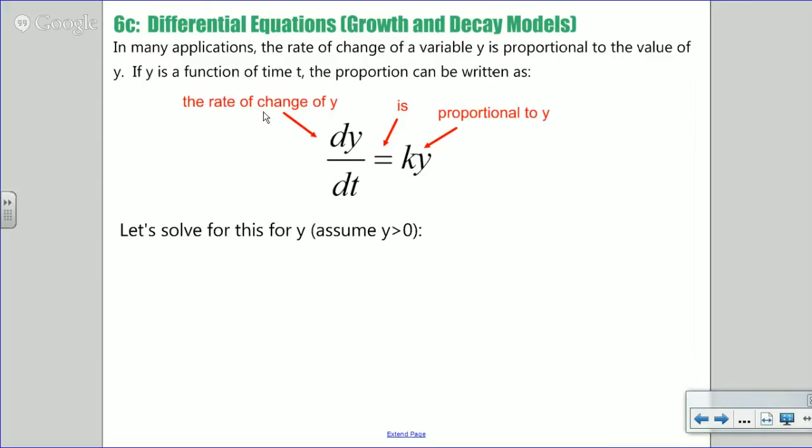So the rate of change of y would be dy dt, right? The change of y with respect to time, would be equal, and proportional to y would be k times y, or some kind of constant of proportionality. Typically textbooks use k.